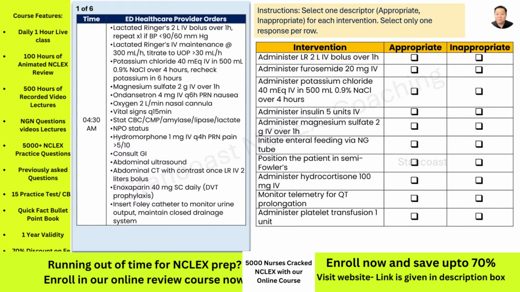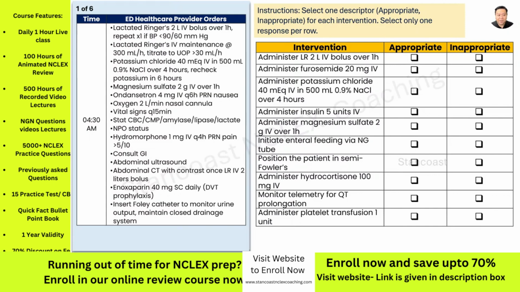Next is to carefully assess the lab values, the urine output, and the vital signs. Using the clinical judgment measurement model, recognize those important cues, such as the severe hypotension, the tachycardia, the poor urine output, hypokalemia, hypomagnesemia, and make sure that the interventions you select will support circulation, correct those electrolyte imbalances, and prevent complications.